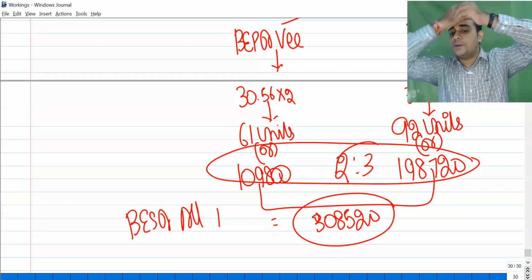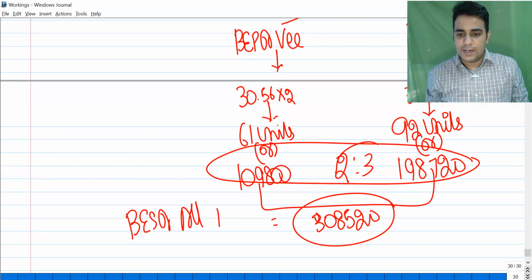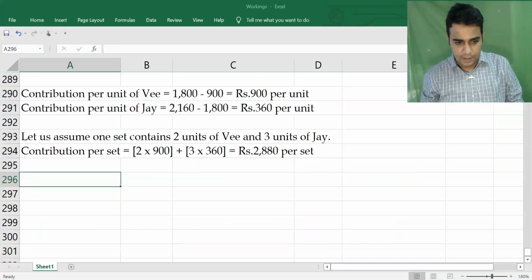Calculate the contribution per set, same concept you do, get to the break even point for alternative 2.